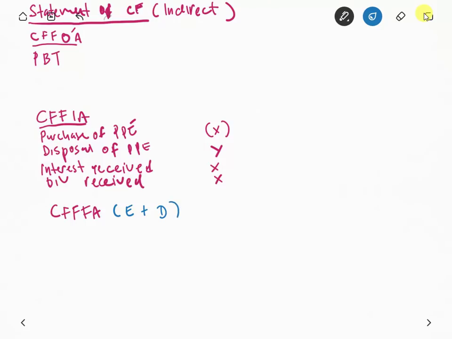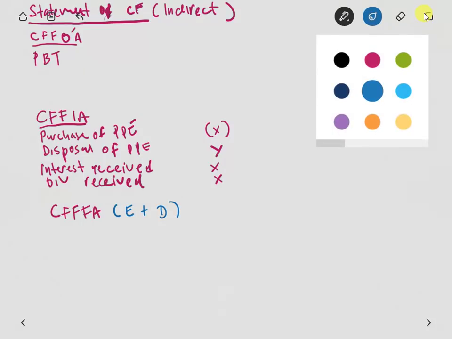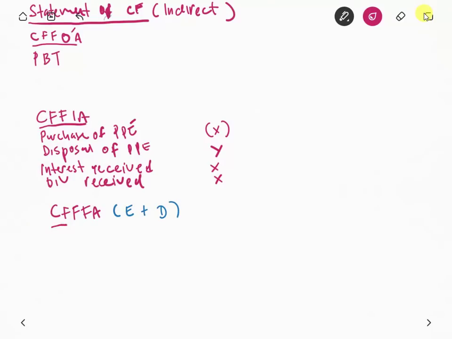Two types of financing, equity and debt. Equity is share, debt is loan. So we start with equity first. Equity is share. I need financing from my shareholder. I issue share. Issue of share.